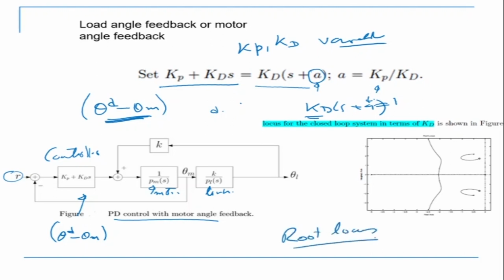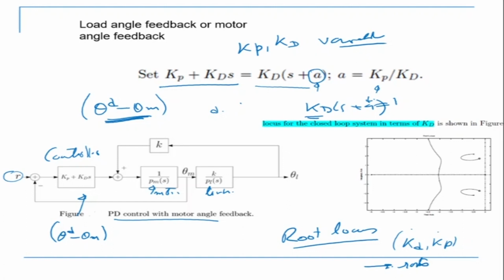Now what is the root locus of the system? The root locus of the system means that in the PD controller, you can vary your Kd and your Kp. You have two gains, you can vary them. But for all values of Kp and Kd, can you plot where the roots of the system are? So for different values of Kp and Kd, you need to find where the roots of the system are going to be.